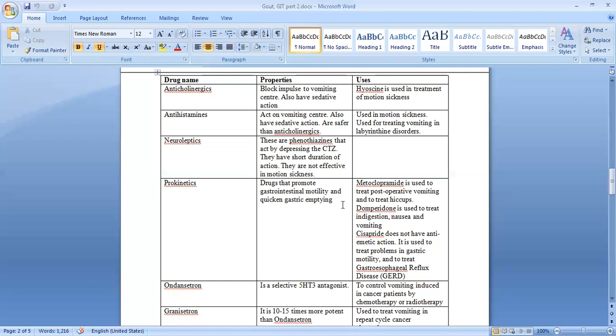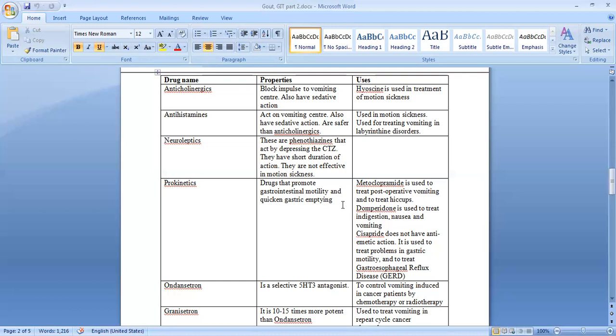Cisapride is another molecule which belongs to the prokinetic category. It does not have actual antiemetic action, but what it will do is, if somebody is suffering from GERD, which is gastroesophageal reflux disease. In GERD, that sphincter which controls the movement of the content from the esophagus to the stomach will not be performing properly.